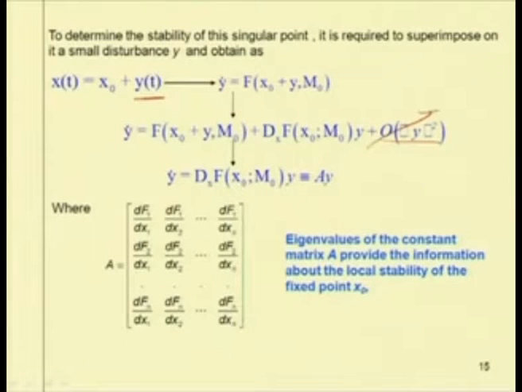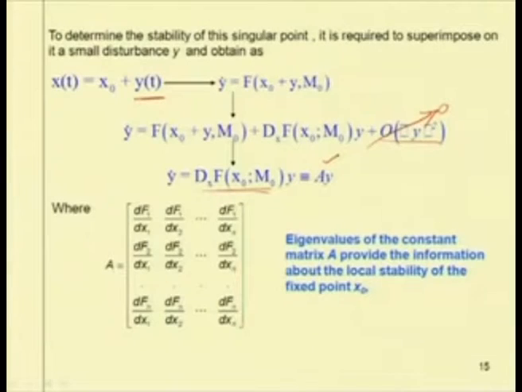Neglecting these higher order terms, one can write y dot equal to d x f(x 0, m 0) y, or this term one can write as A. So A is the Jacobian matrix of the system, which is a function of the first derivatives of the system with respect to different parameters. By finding the eigenvalues of this Jacobian matrix, one can study the stability of the system. This will give the local stability of the system.